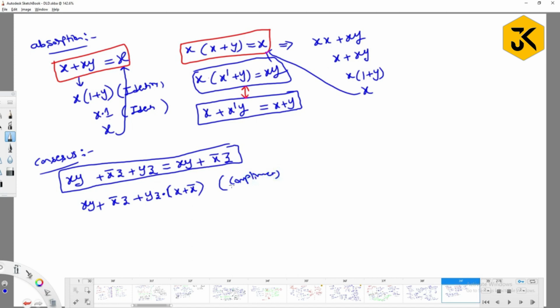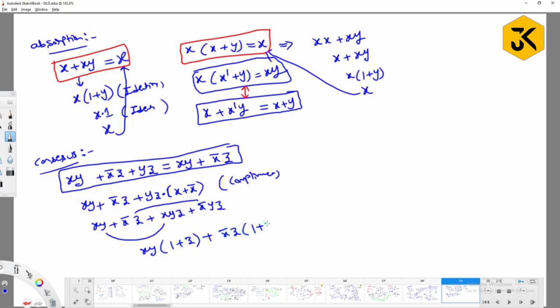Now try to distribute it. xy, x bar z, xyz, x bar yz. Now try to check these two terms and these two terms. From the first two, if you take xy common, you get 1 plus z, plus from the other two, if you take x bar z common, you get 1 plus y.